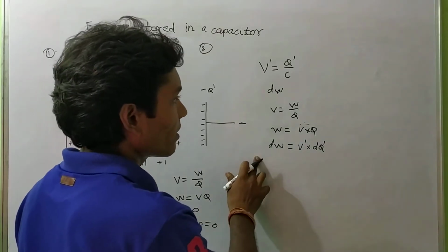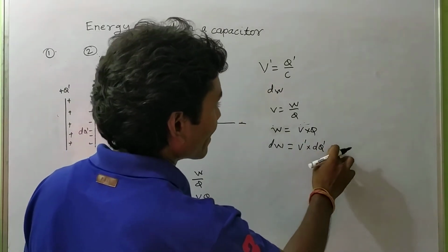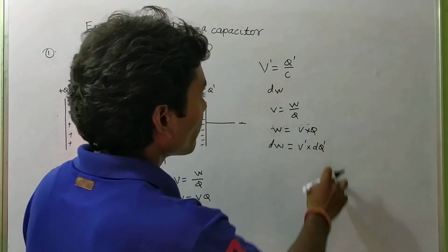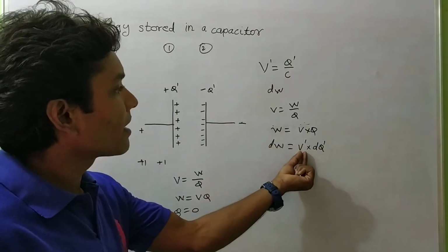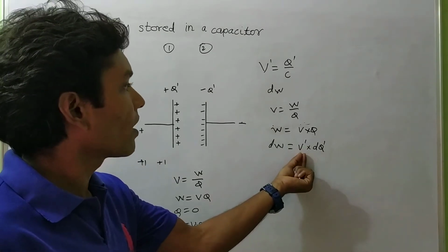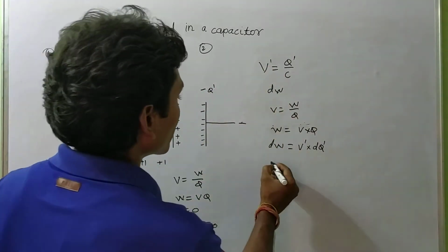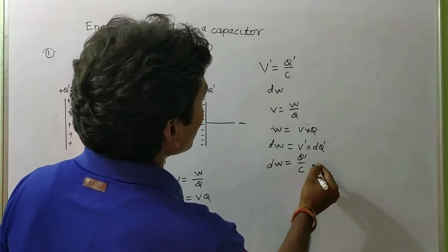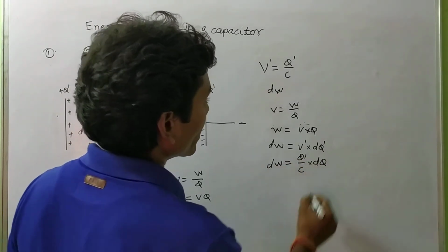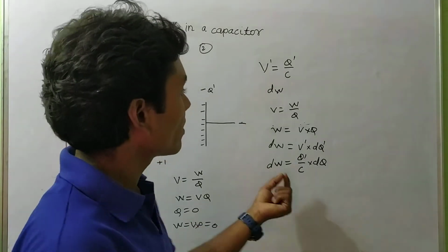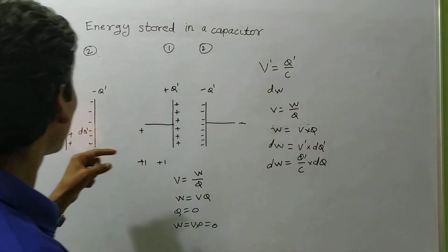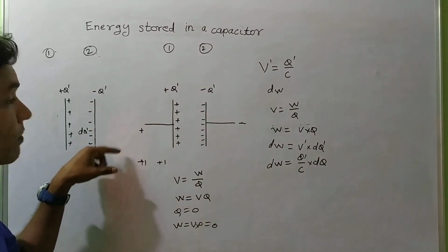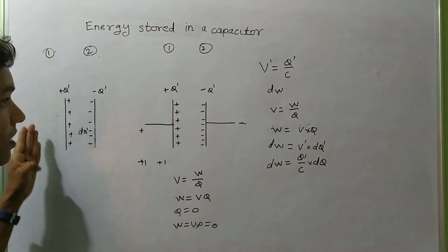This is the work done in bringing a small amount of charge dq dash across the potential difference V dash. The value of V dash is Q dash upon C, so dW equals Q dash upon C into dq dash. This work is done in bringing the small positive charge dq dash from the second plate to the first plate.